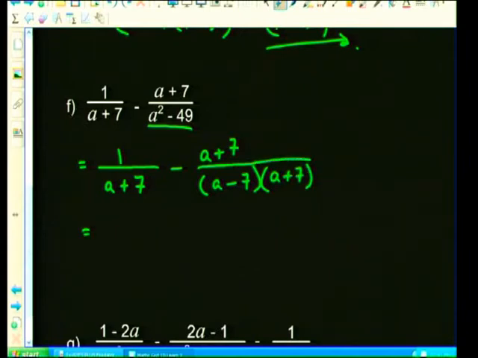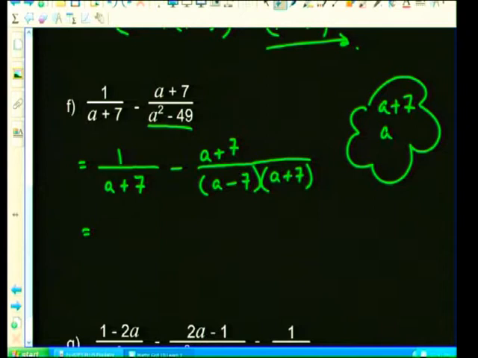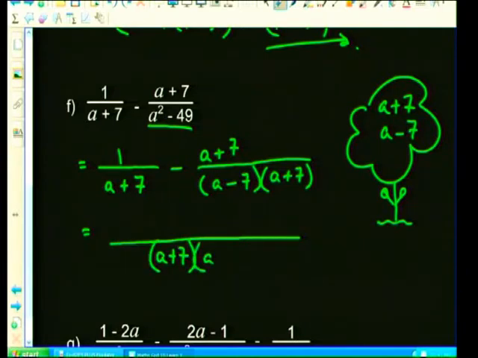Okay, what am I going to choose as my denominator? Well, a plus 7, a minus 7 includes both our factors. And actually, I call that my flower number because it's going to make fractions blooming easy. Here we go. A plus 7, a minus 7 as my denominator.